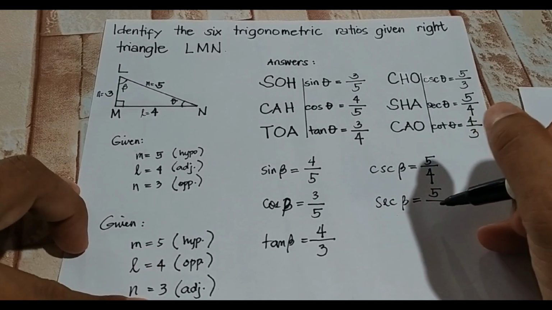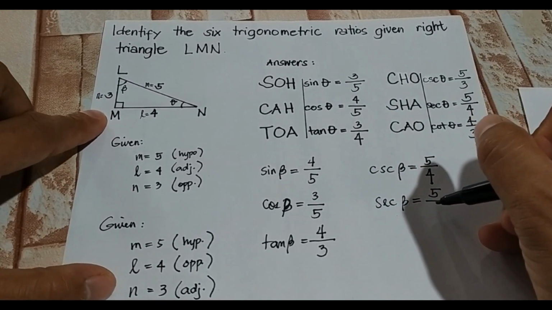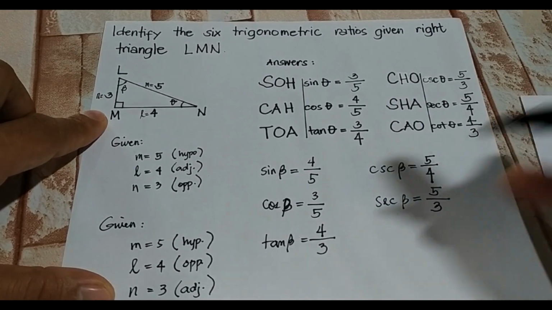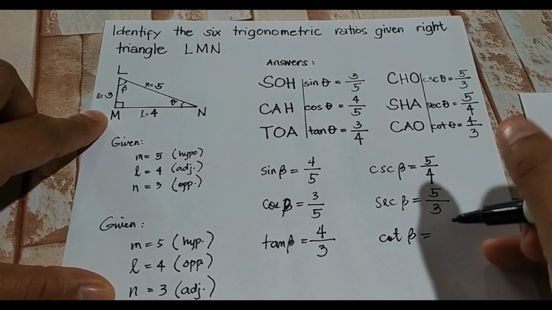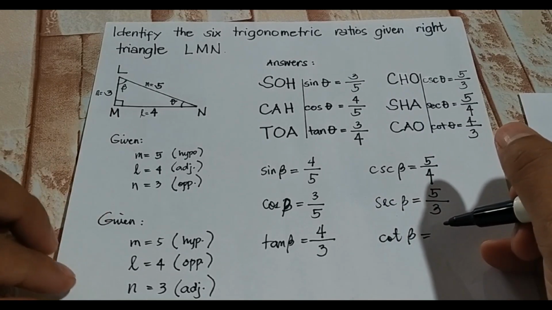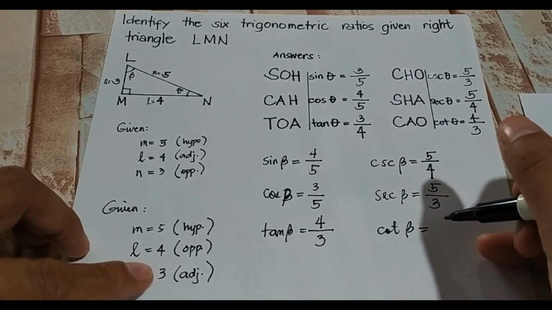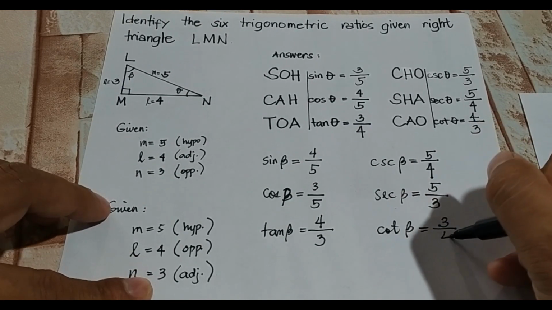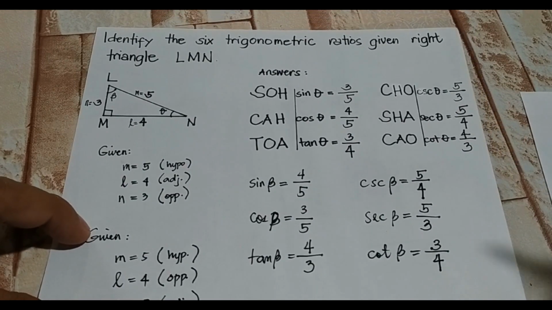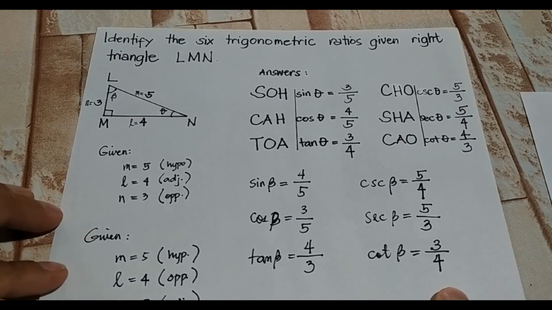What is the adjacent in this illustration? It is 3. And lastly, we have cotangent beta, which is adjacent over opposite. The adjacent value here is 3 over the opposite, which is 4. Okay? So I think that is very clear.